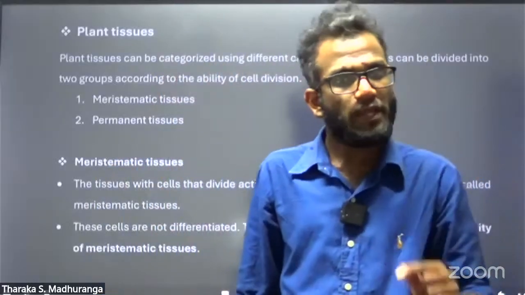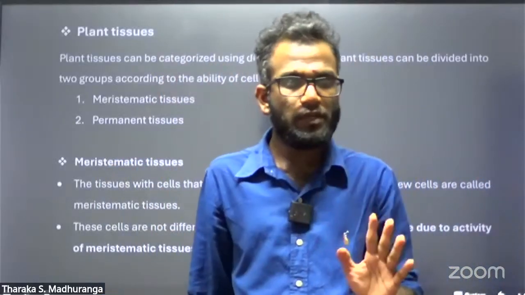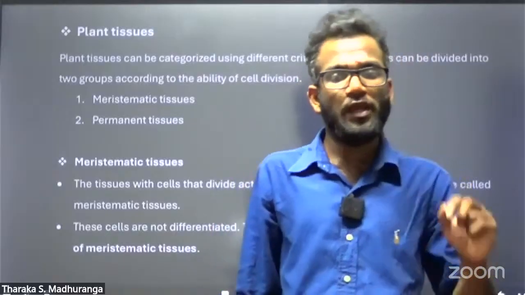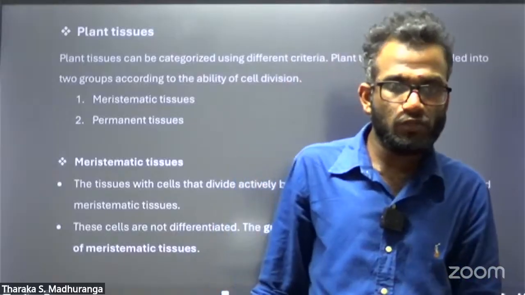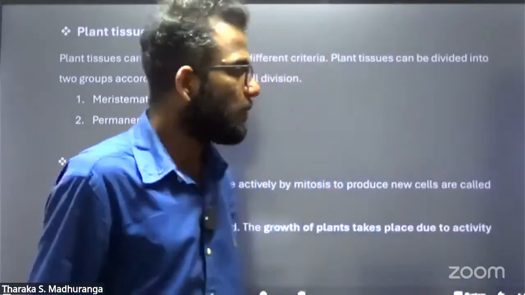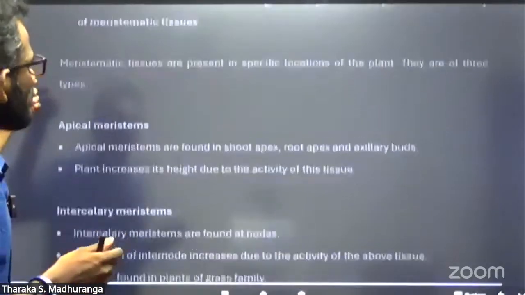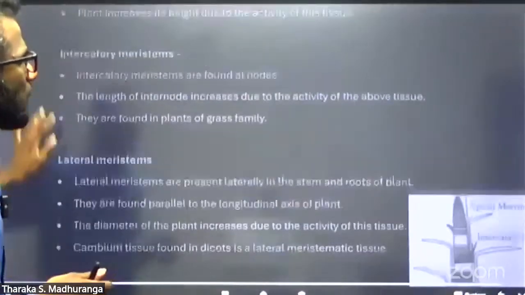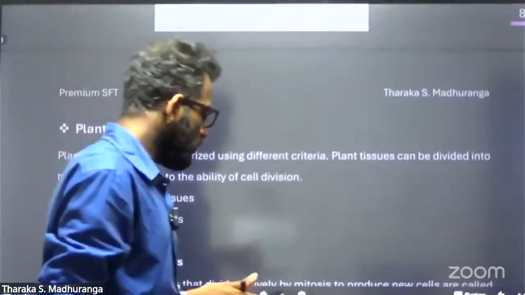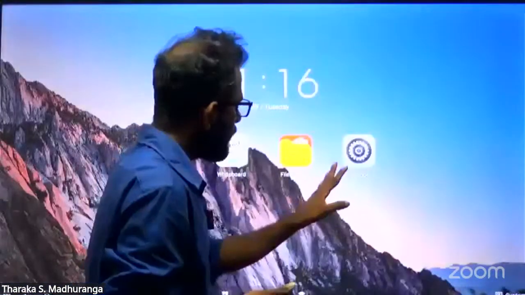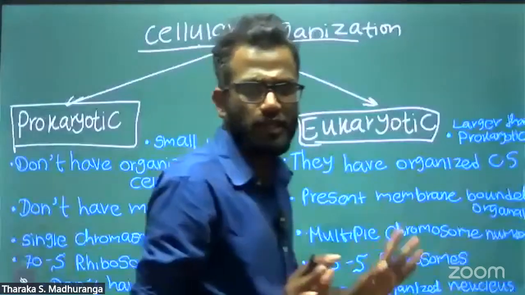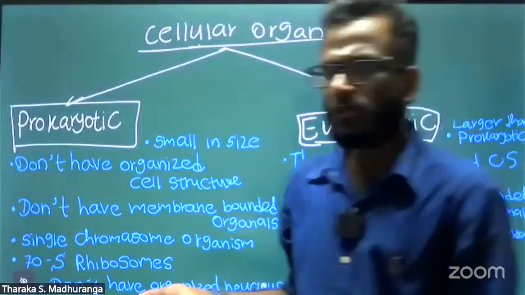Yesterday also I explained in the revision, in the paper discussion. Plant tissues are mainly two types: meristematic tissues and permanent tissues. You can read this note. I will draw this classification again, then you can get the full idea. Then the plant tissue part is covered.